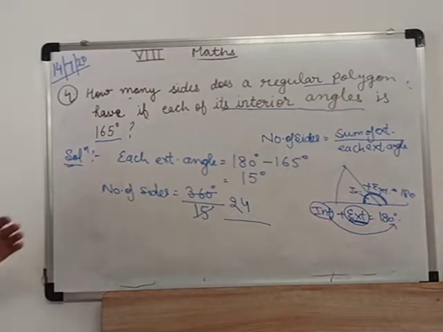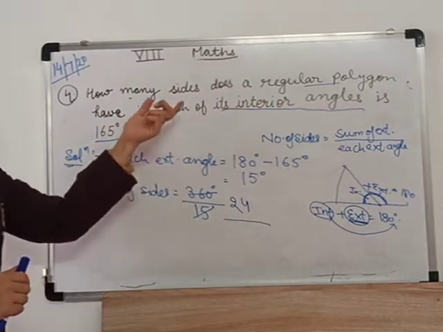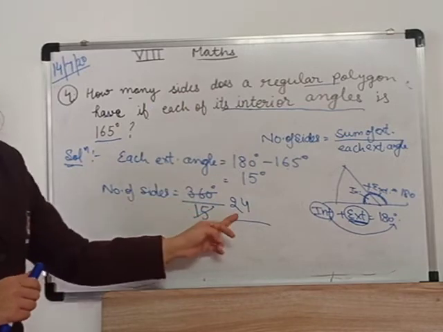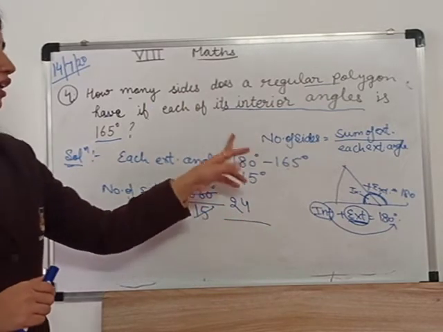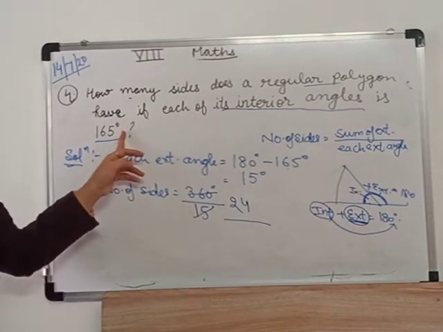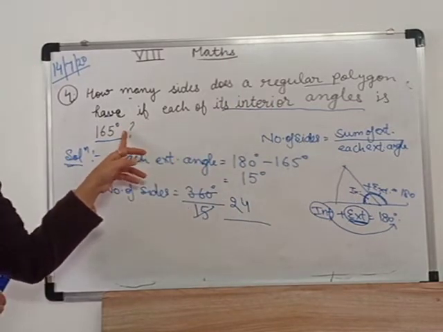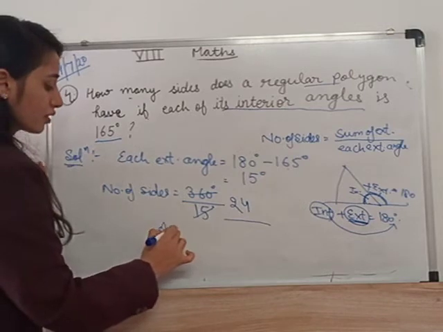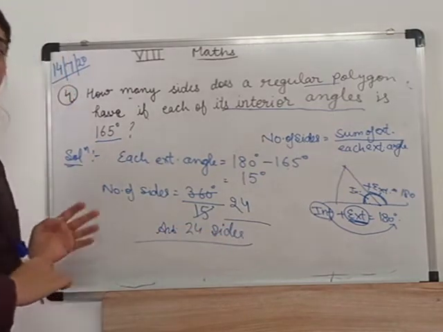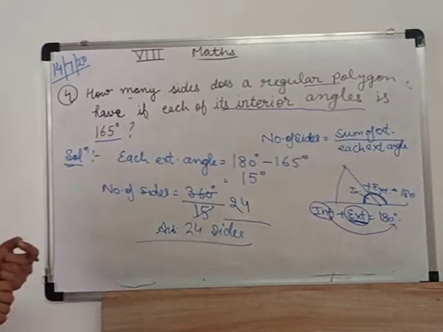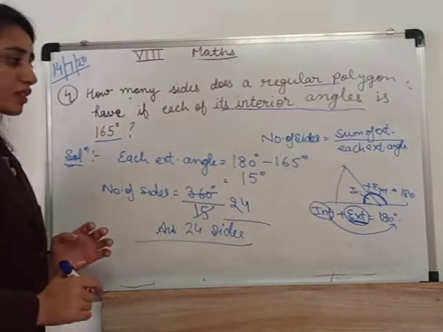So a regular polygon has 24 sides if its interior angle is 165 degrees. Understood? The answer is a polygon having 24 sides.